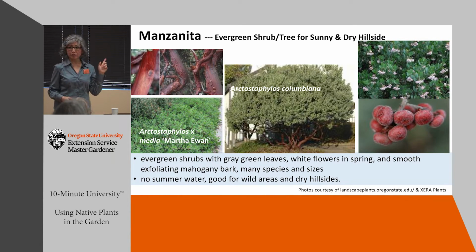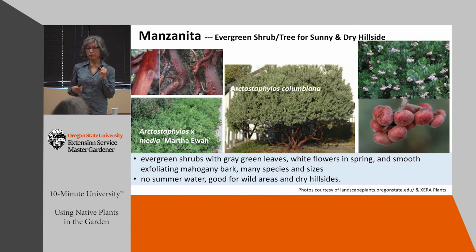What I like, I have 3 of these in my garden. They don't grow very fast. They have a gorgeous, gorgeous bark, which is a wonderful feature year-round, especially in the winter. They have very early spring flowers that attract bees and bumblebees, and then they have attractive fruit.